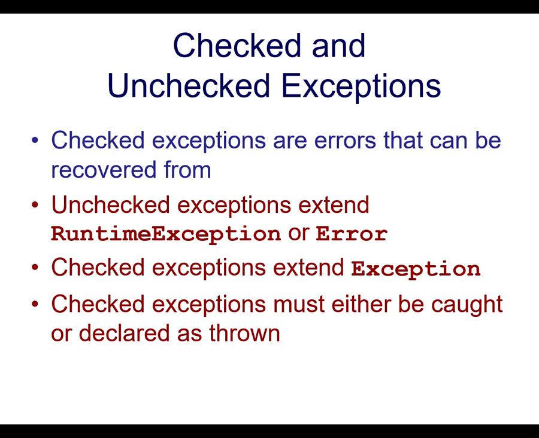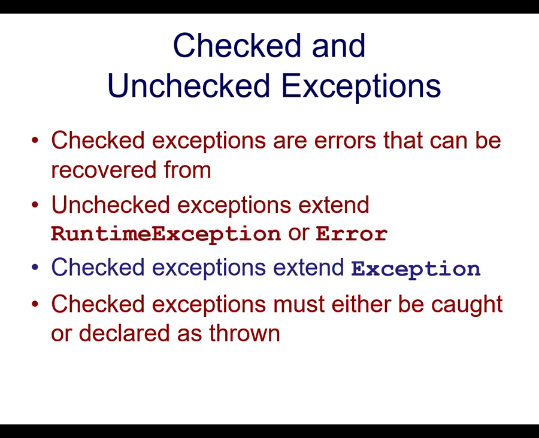In contrast, unchecked exceptions are typically programming errors that can only be fixed by correcting a bug in the program. Attempting to access an array element outside its bounds or dereferencing a null pointer are examples of such errors. The way we can tell that an exception is unchecked is that it extends either RuntimeException or Error.